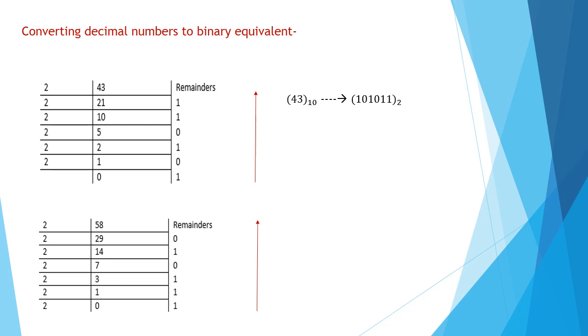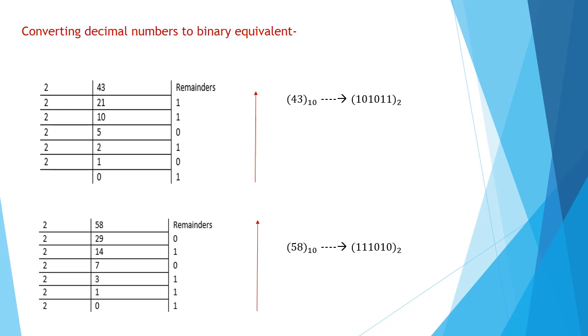Again we will write this from bottom to up, and if you see the output, 58 base 10, the decimal number, is represented in this binary equivalent, base 2, with the remainders listed in the bottom to top approach: 1111010. That is the binary equivalent.